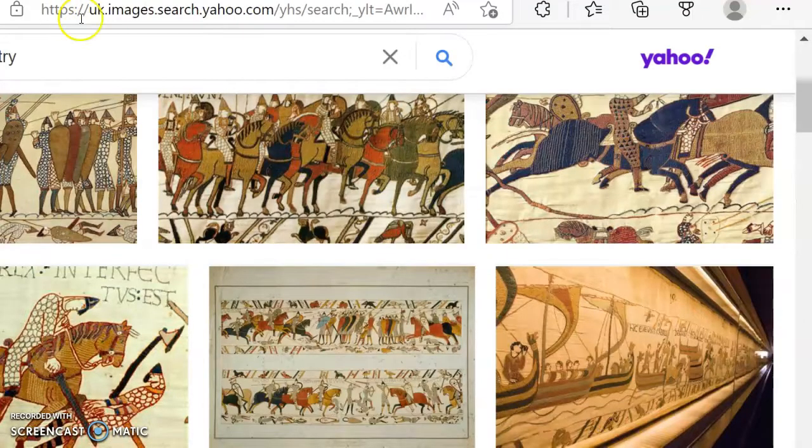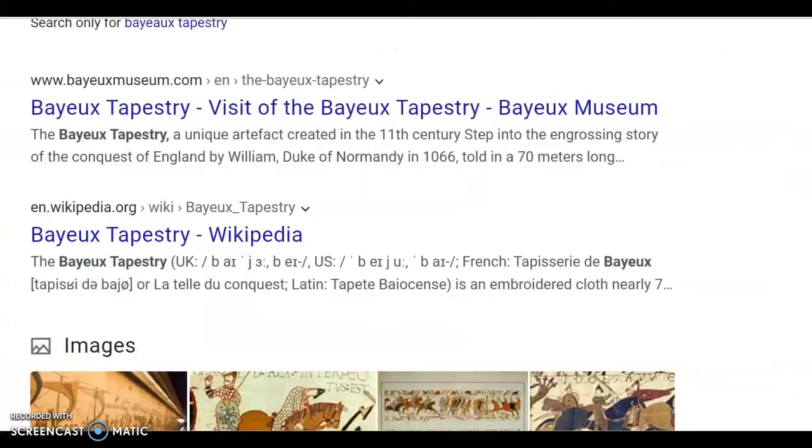Here we see the Bayeux Tapestry, right? A unique artifact created in the 11th century.